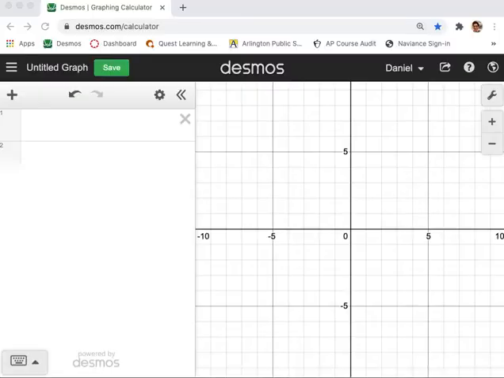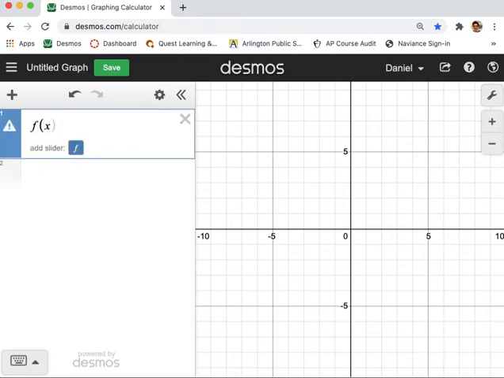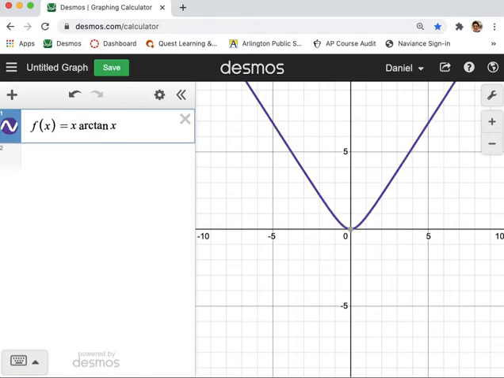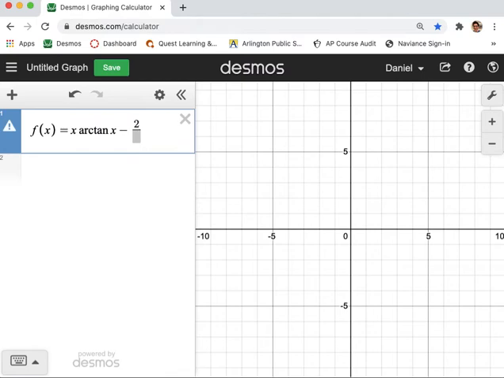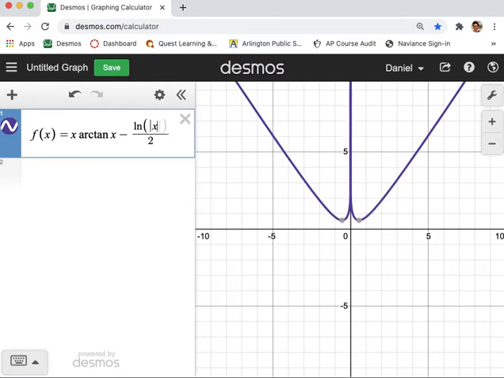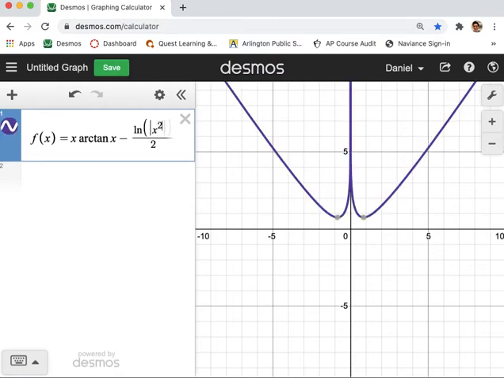And let's just take a quick look at what this would look like. Remember, this is a check we can do to see if our answer is right. The way it works is we graph our answer as a function. So we said it was x times the arctangent of x minus 1/2 times the ln of the absolute value of x squared plus 1.